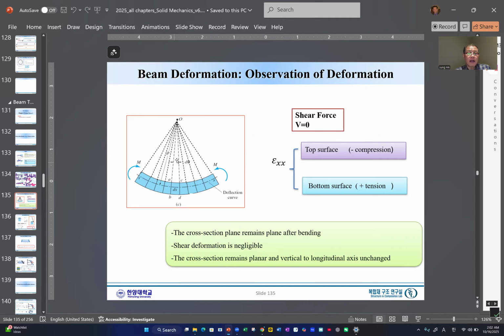Now this beam will curve with a radius, and obviously the top surface will be subject to compression, and the bottom surface will be subject to tension.